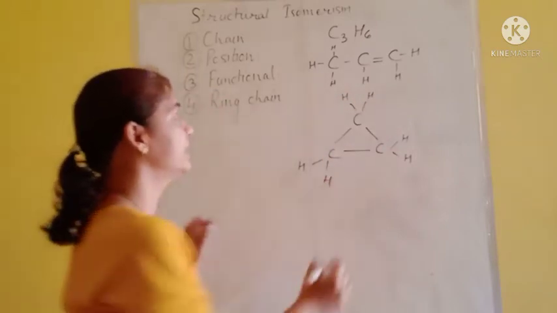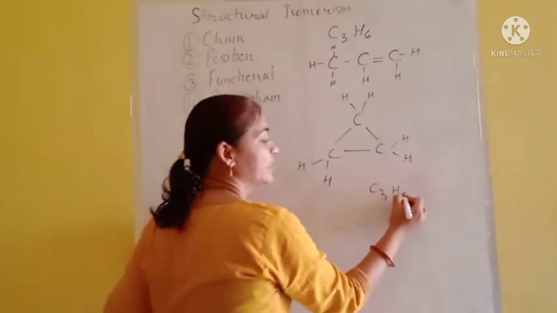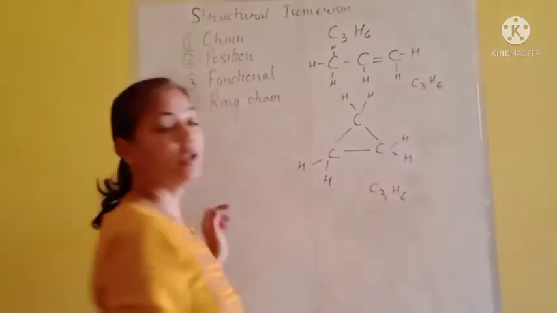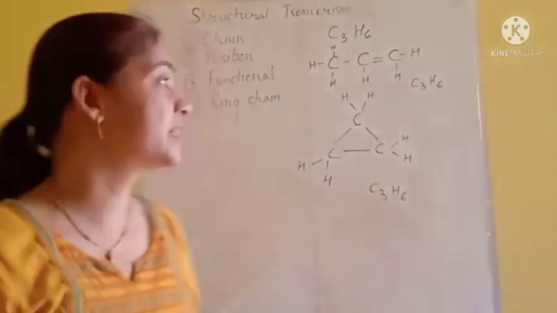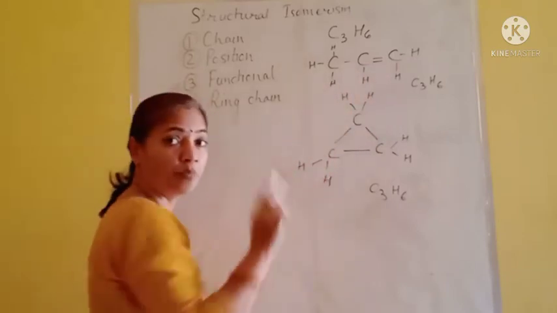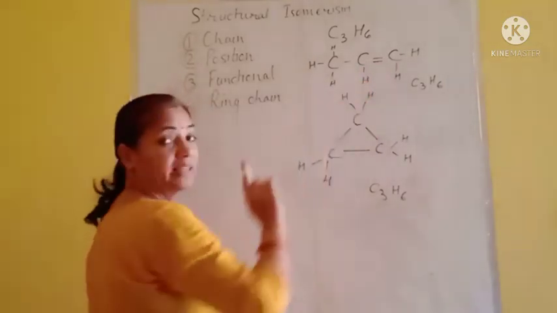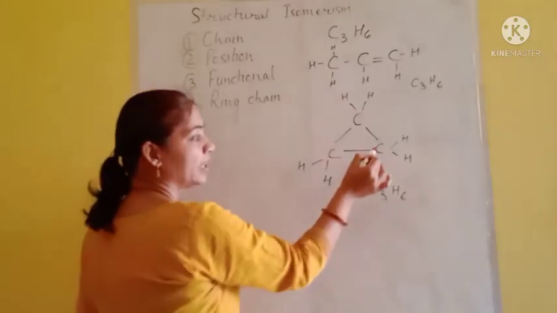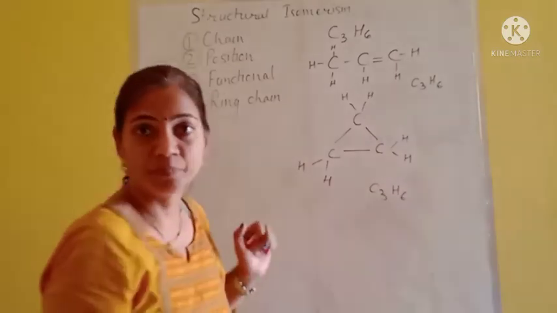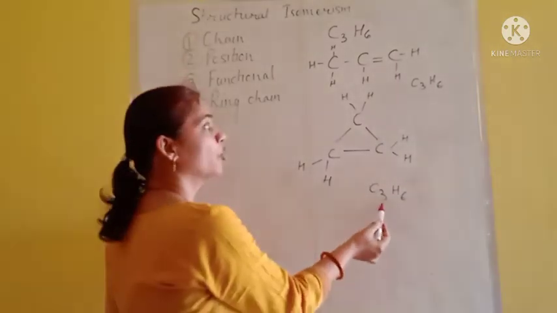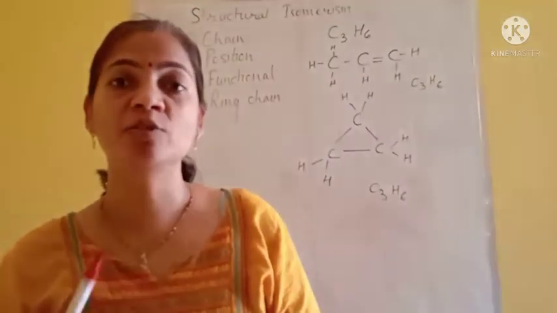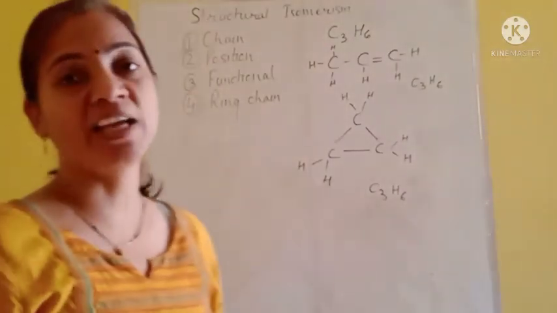So this is again C3H6, and this is also C3H6, but they are different compounds. They are isomers. This is propene, 3 carbons with a double bond, whereas this is cyclo because it's a closed ring, cyclopropane, with all single bonds. So cyclopropane and propene are isomers. What type of isomerism is this? This is known as ring chain isomerism.